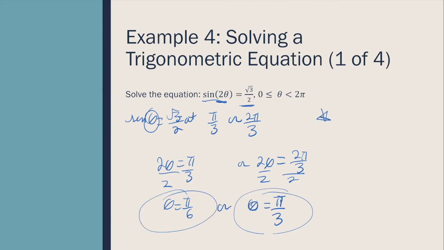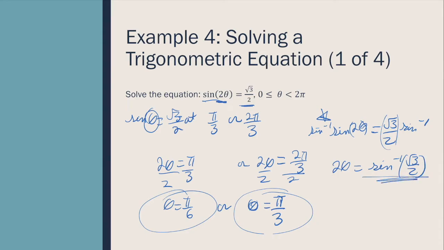You could also use inverse sine. So if I have sine of 2 theta equals the square root of 3 over 2, and I take sine inverse of both sides, I would get that 2 theta equals sine inverse of square root of 3 over 2.